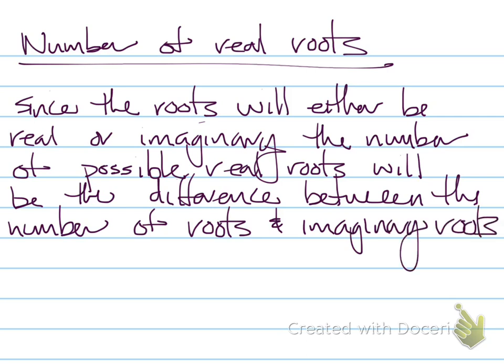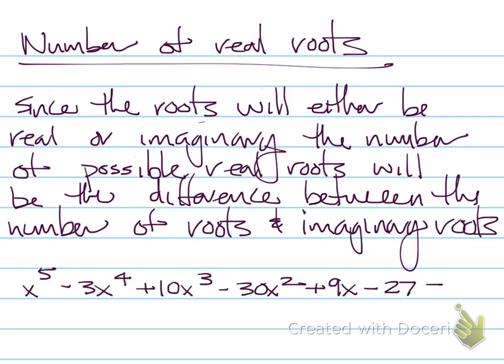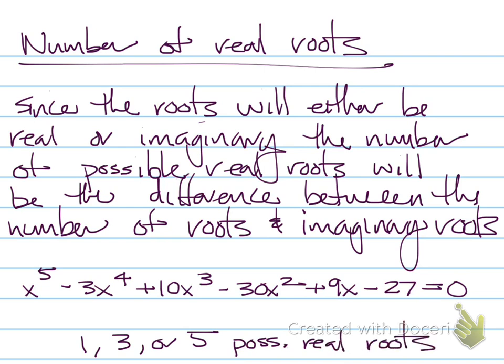So starting with the degree for the same polynomial, the degree is 5. So we had 0, 2, or 4 imaginary roots. So if we subtract 5 minus the 4, we get 1. 5 minus the 2, we get 3. And then 5 minus 0, we get 5. So there's 1, 3, or 5 possible real roots.